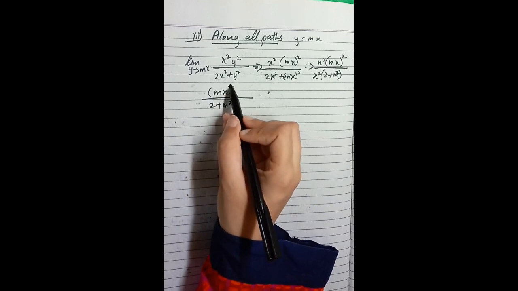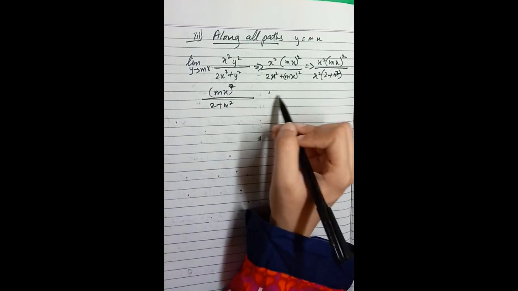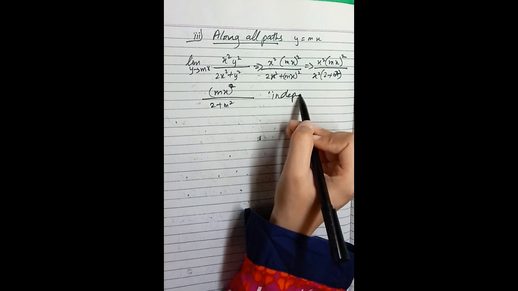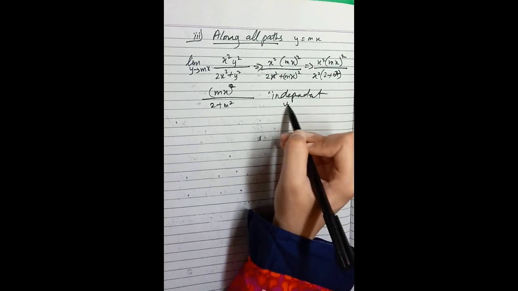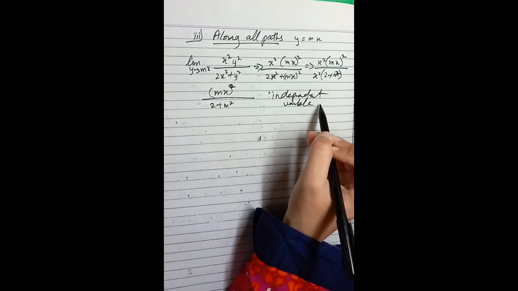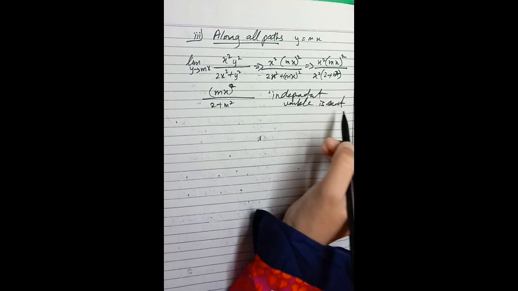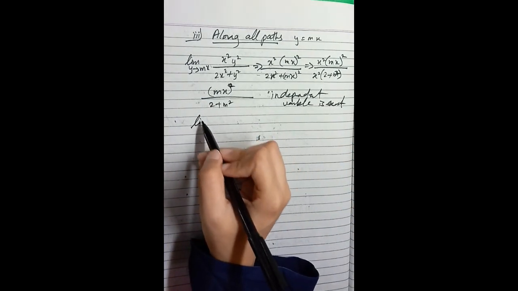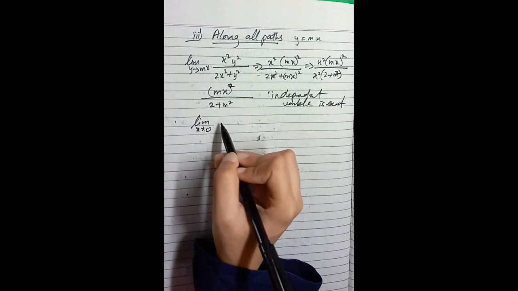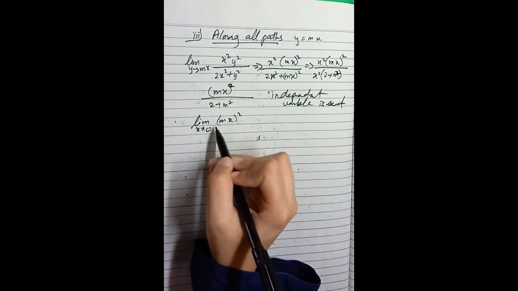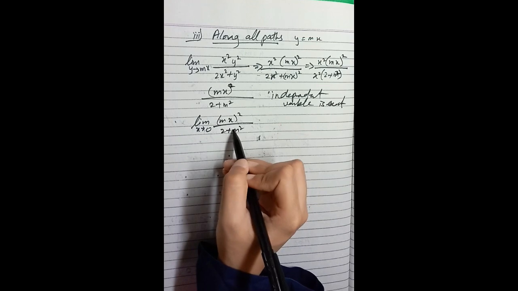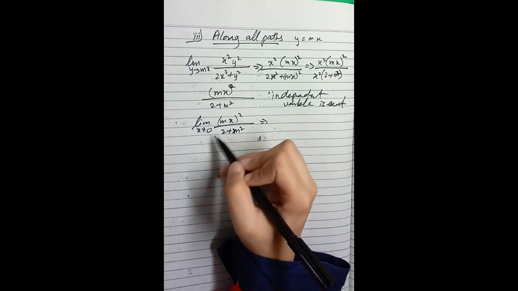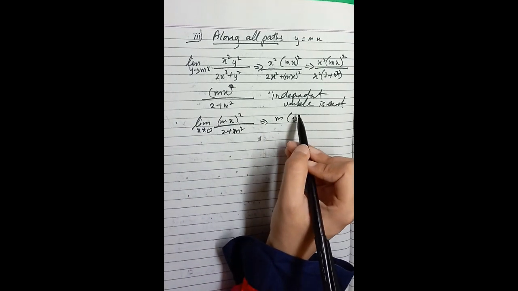Now as the independent variable is existing, so limit x approaches 0, (mx) square divided by 2 plus m square. So we have to put the 0 at the place of x.